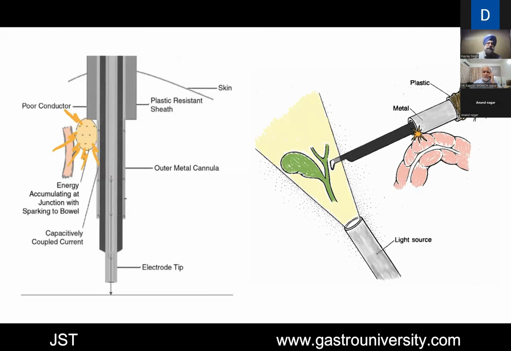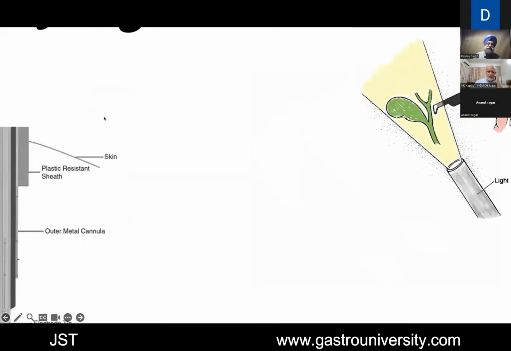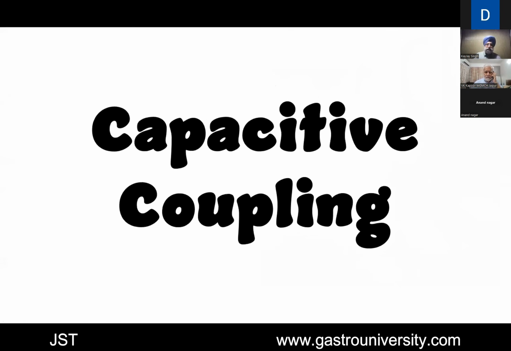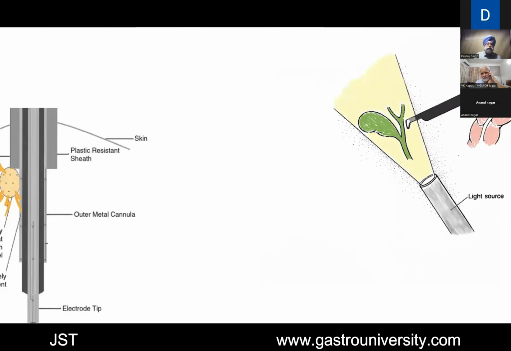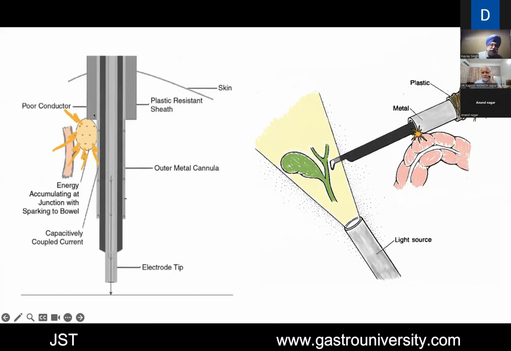Now, let's see if it's plastic. I'm coming to the plastic. I told you to remember why I'll be coming back to it. Let's see, this is plastic. Now, this capacitor accumulates current by the inherent tendency of physics. So what happens is, there is current buildup in this area between the plastic and the active electrode with the intervening insulating sheath.